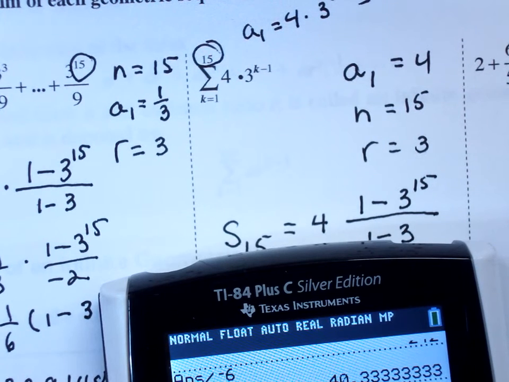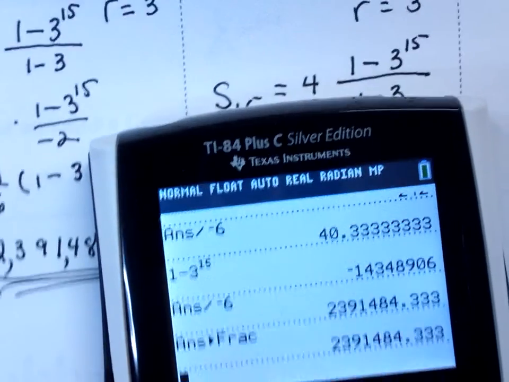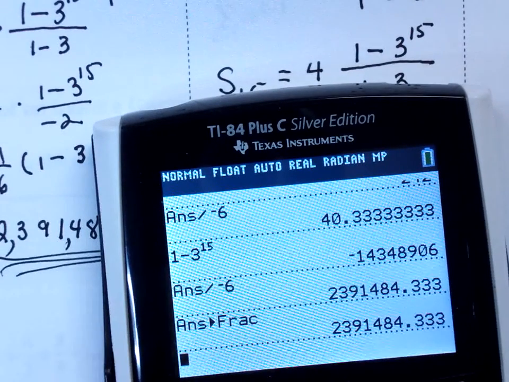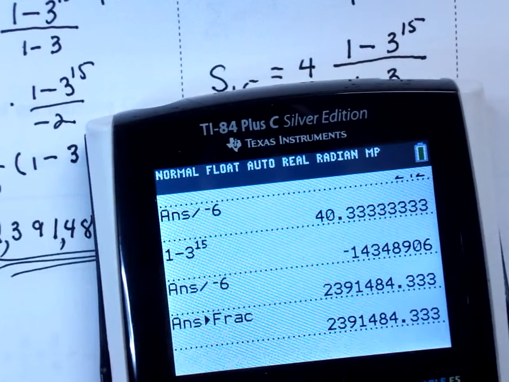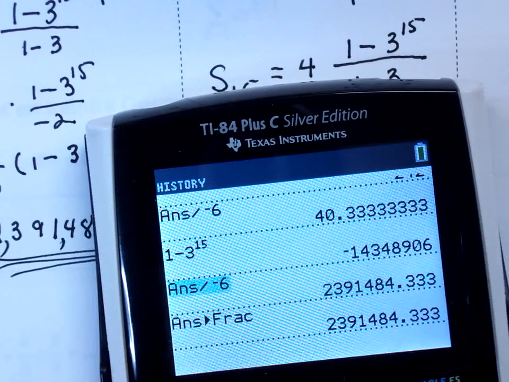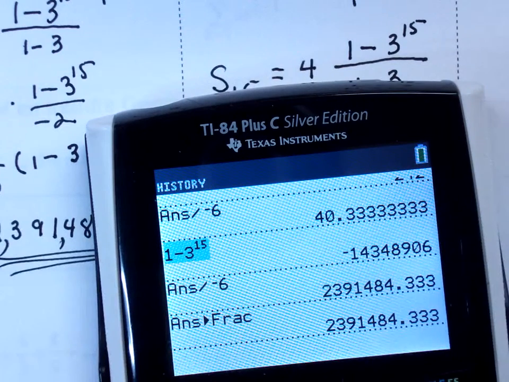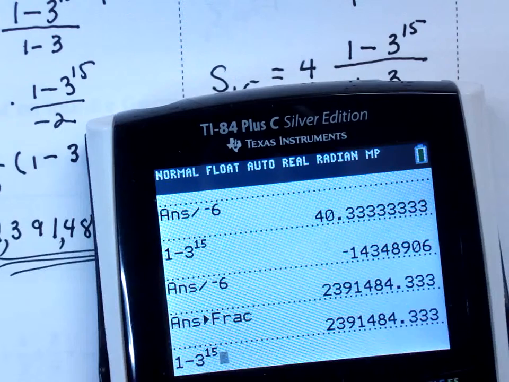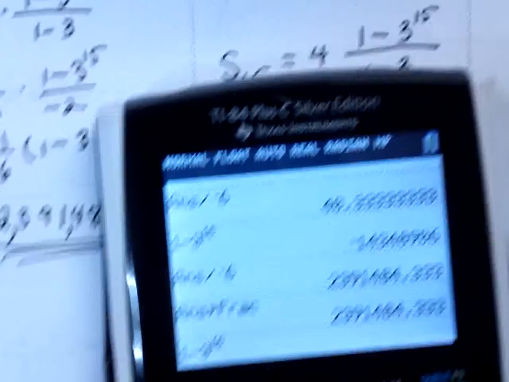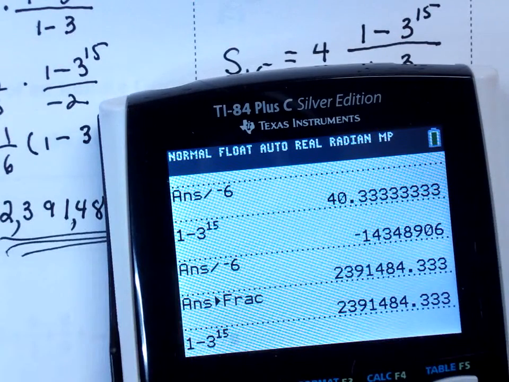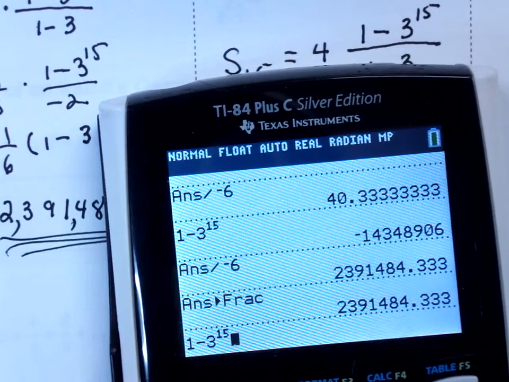Now, I already did a 1 minus 3 to the 15, and if you have the color calculator in particular, you could try this: if I just go up what's called the stack, I can just pull that off when I hit enter. That brings that down. That's going to be helpful in 9.6 if you have a calculator that will do that. If not, you can do second enter, second enter, second enter. And on this one, you can actually do that as well.